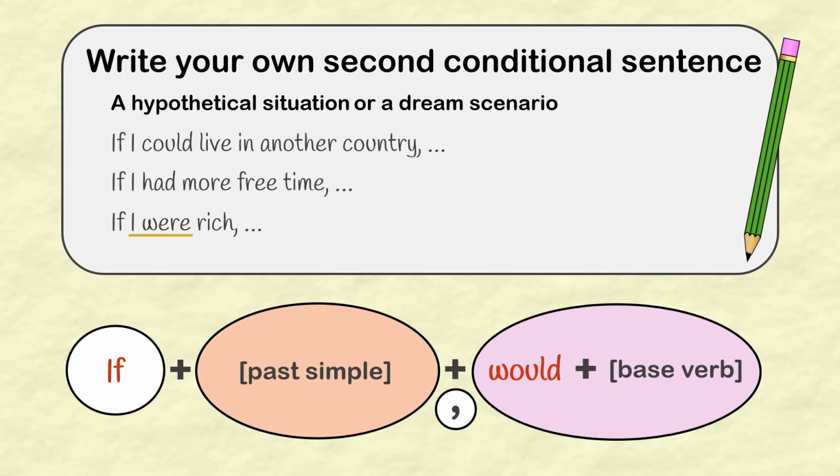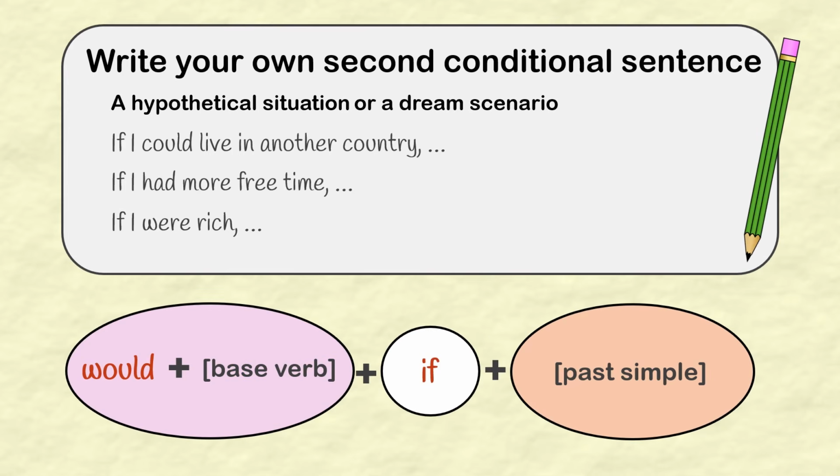Also, instead of would, you can use other modals like could or might to express possibility, ability, or uncertainty. And finally, remember that we can switch the order like this: would plus the base verb, then if, then a past simple clause.